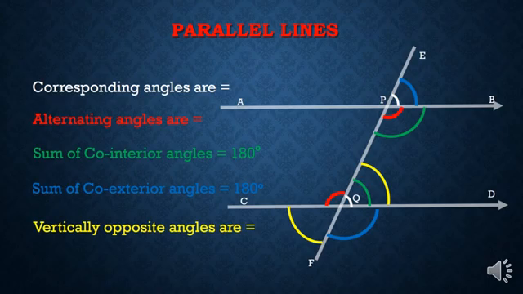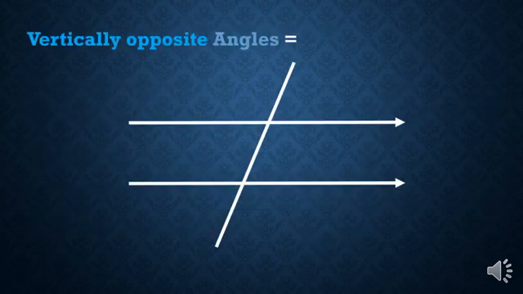Let's take a look at the other vertically opposite angles. The two yellow ones and the blue ones are vertically opposite angles. The two green ones are equal to each other and the two red ones are also equal to each other.